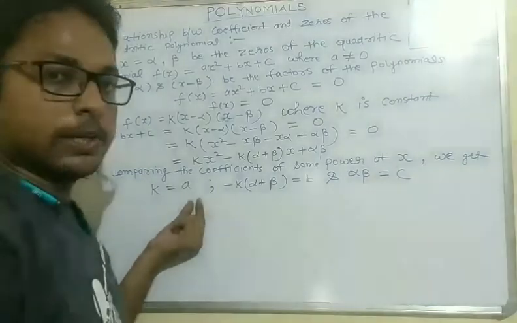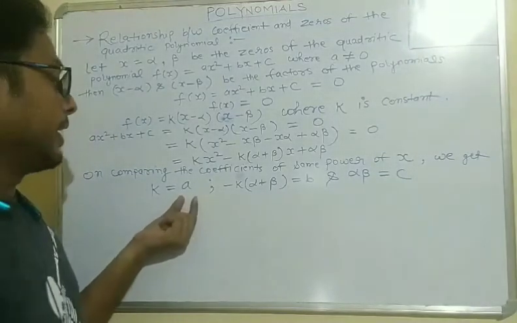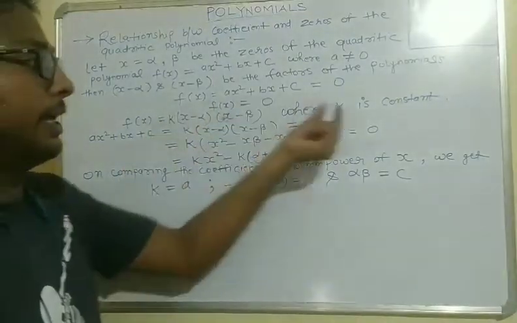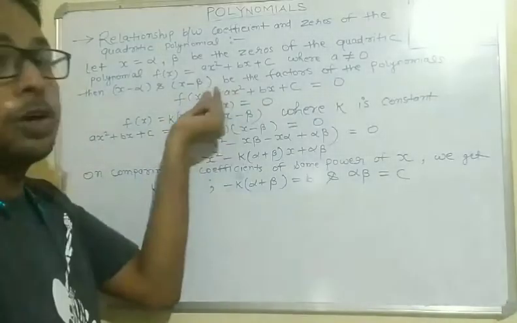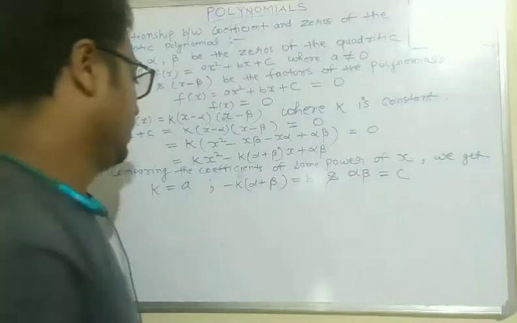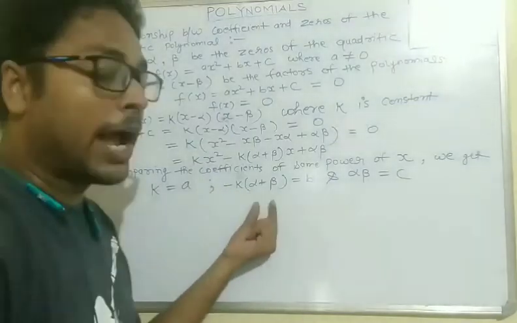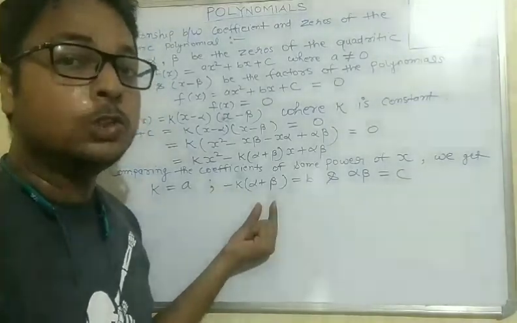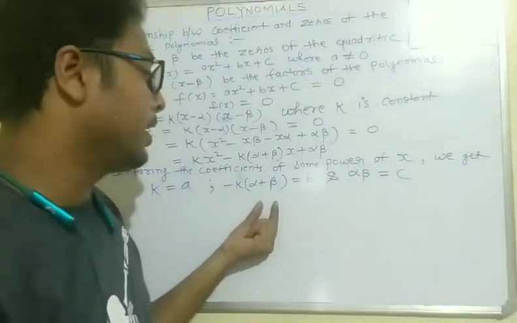I have already told that the constant k will depend on the coefficient of x square, and I have to find what will be the sum of zeros of the polynomial.